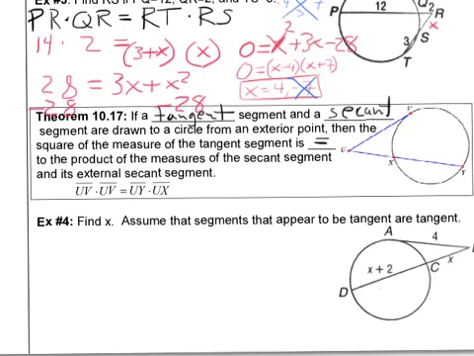Again, the square of the measure of the tangent segment, so UV times UV, is going to equal UY times UX, and that's what we have here. So it's the outside times the whole thing. Well, that just happens to be the same amount when the line is tangent, so it's rather simple.